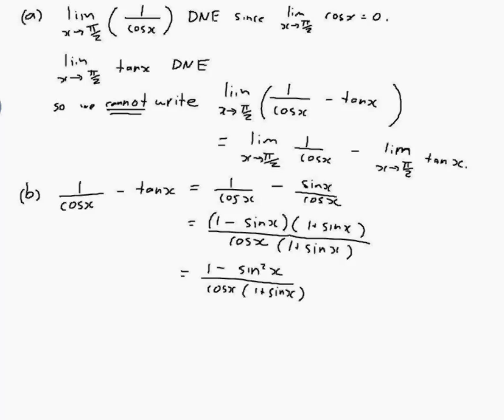And 1 minus sine squared is really cos squared. So cos squared x over cos x times 1 plus sine x. Now we've got a cos squared on the top and a cos on the bottom, so we can cancel those out to just give me cos x on 1 plus sine x.